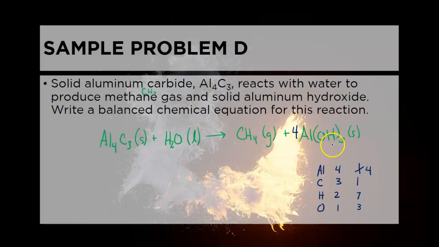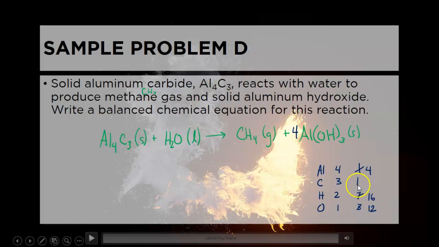You guys see how many oxygens there would be on that side? You got 3 sets of oxygens times 4. It's actually 12, right? And then hydrogen, there's 4 plus 12. So we're going to get 16. Getting a little crazy here.